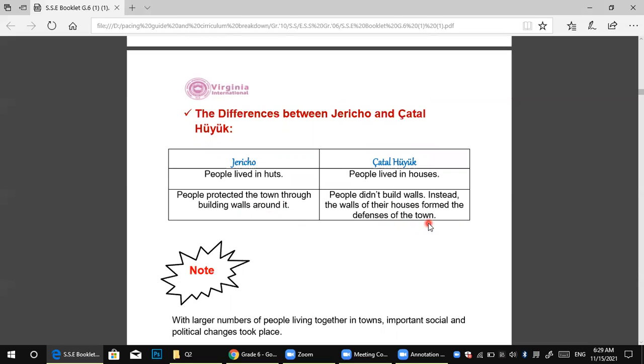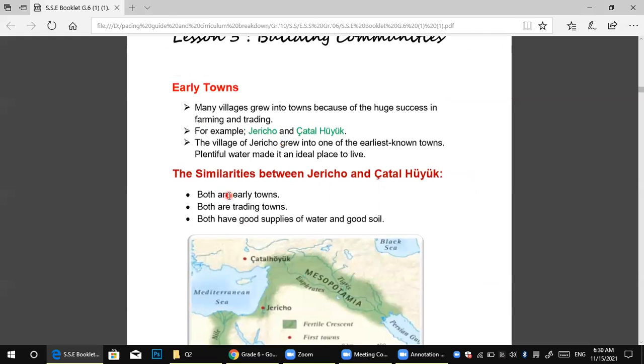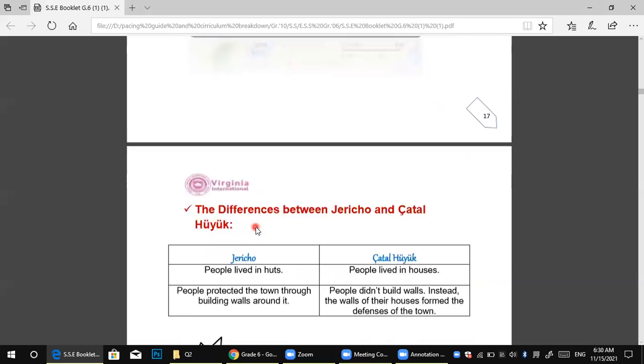I think that's a big difference in lifestyle between them. So, we listed the similarities: early towns, trading towns, good supplies, and the differences.